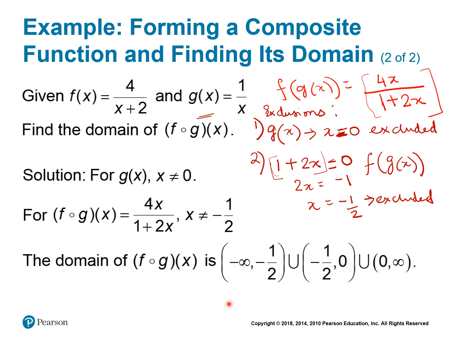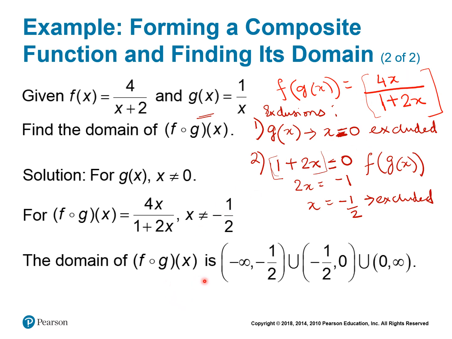So let's read through the solution. It says for g of x, x should not be a 0. That's the exclusion. And for the newly formed function, x not equal to -1/2, that means x cannot be -1/2. Other than that, any value can be in the domain of this newly formed function.